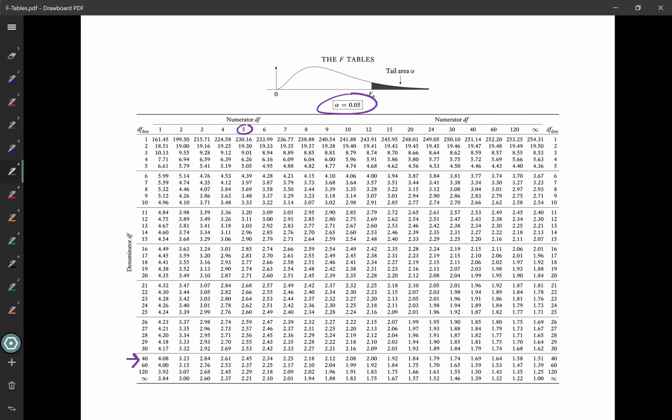We'll use 40 for both cases because we do not have a 45 and we don't want to round up all the way to 60. So we'll use 40, and that is 2.45 for the treatment. And then for the blocks, we want 9, corresponding to 40 again, so that'll be 2.12.